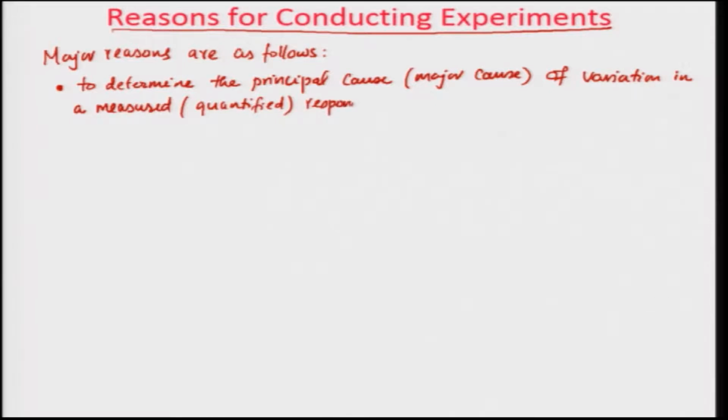Response is your output. So, you are trying to find out what is creating the major variation in the response or output of the system, which is measured and quantifiable.